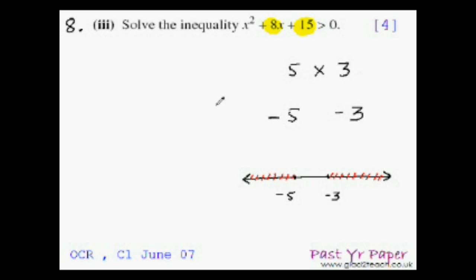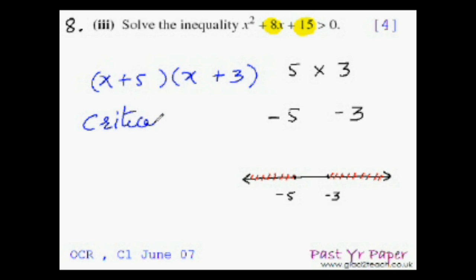So as you know that these are the factors, you can put it in the factor form. This will be x plus 5 and this is plus 3, so x plus 3. And you can mark these minus 5 and minus 3, that is the roots of the quadratic equation, as critical values. These are called critical values in technical terms.